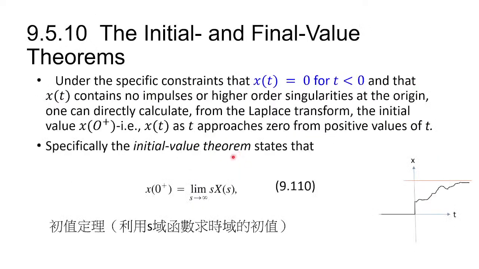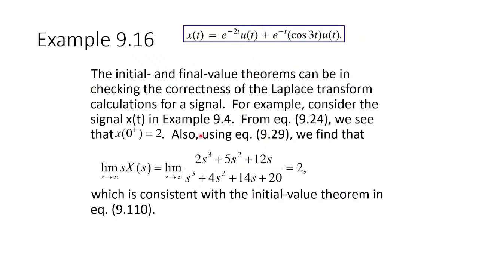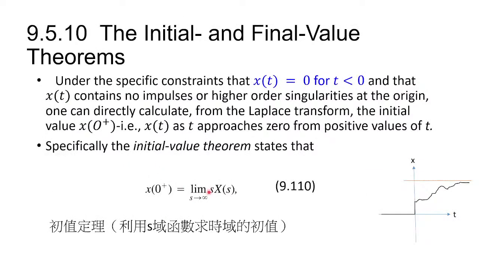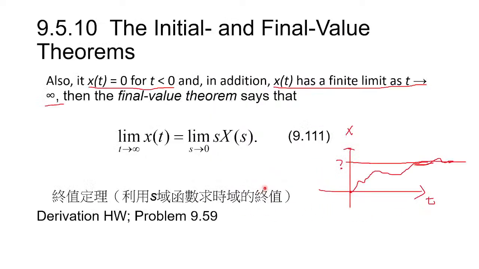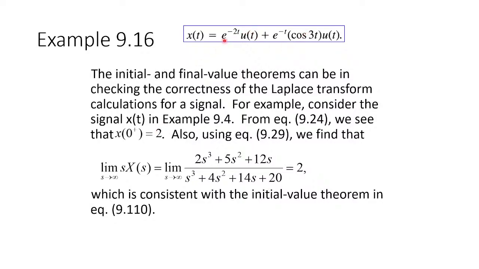And then we can check the initial value and the final value, right? So two things. For the initial value, you take s goes to infinity, and it's a rational function, a ratio of two polynomials when s goes to infinity. Then you are just looking at the highest order term, so that's 2s squared divided by s cubed, and so you just get 2 here. And now you can see if that's true from here, and that should be true, right?